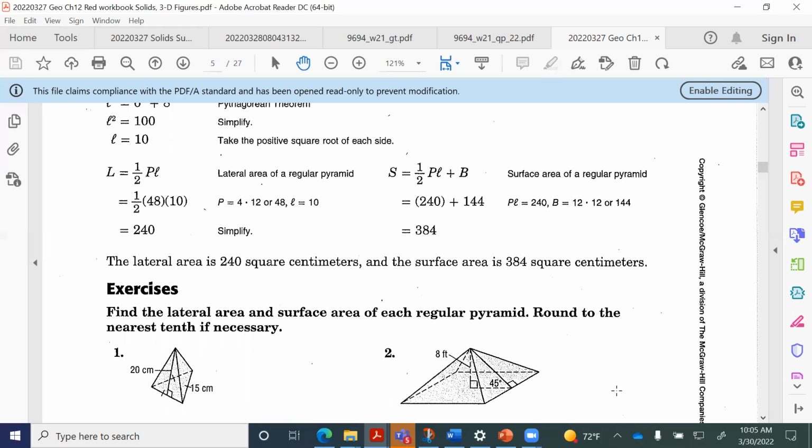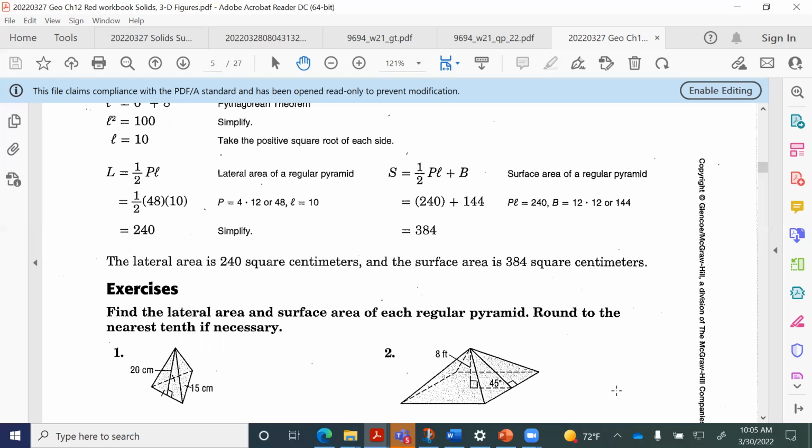We're also replacing the height of the triangle with the slant height of the figure. So on here, we're doing 1/2 BH, but you see where it says 1/2 PL, we just replaced the P for the B and the L for the H, because that's how they relate to the overall solid. Right? That's the same formula.